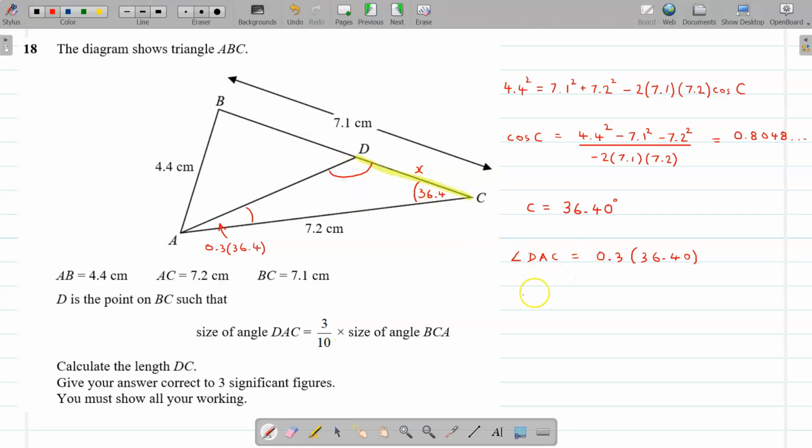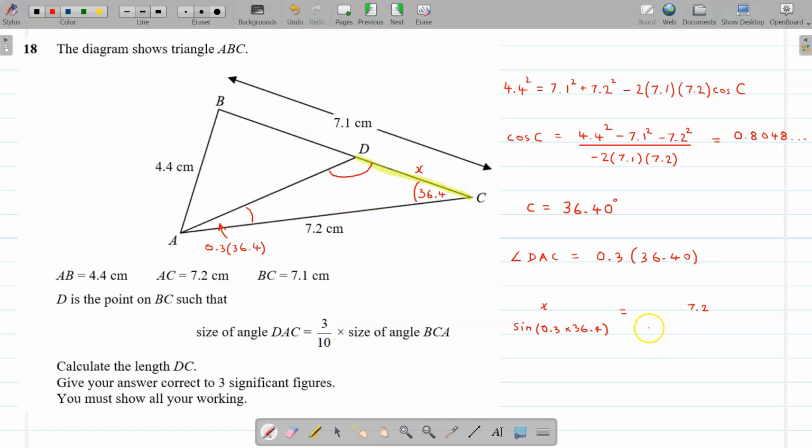Well, if I can just use the sine rule as it is now, so I can say that x over the sine of 0.3 times 36.4, okay, it's the same as 7.2, which is this side here, over the sine of that angle there.